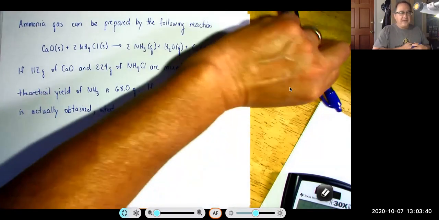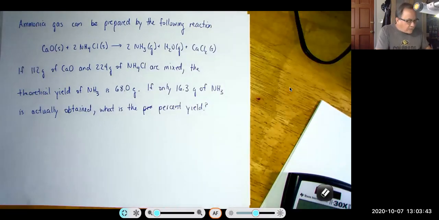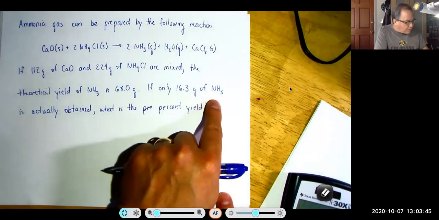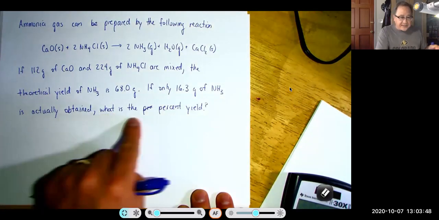Yep. Now, if only 16.3 grams of ammonia is actually obtained, what is the percent yield?